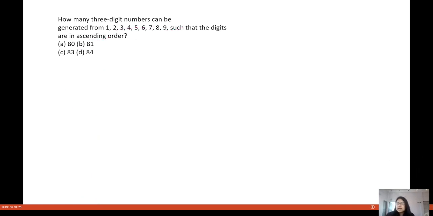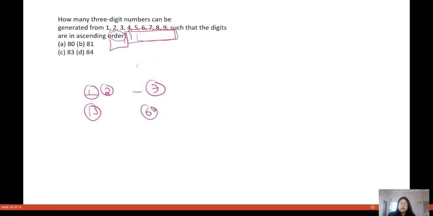For example, we are taking the first two digits as 1 and 2. In how many ways can we form all these numbers? Now we can put any of these 7 digits, so we'll have 7 numbers: 1, 2 and 3, 1, 2 and 4, 1, 2 and 5, 1, 2 and 6, 1, 2 and 7, 1, 2 and 8, 1, 2 and 9. Similarly, if we are taking 1 and 3, then we can't choose this 2, so we'll choose from these 6 numbers.